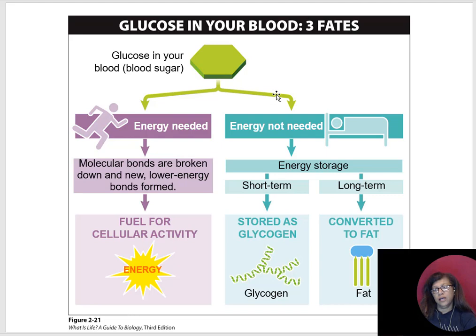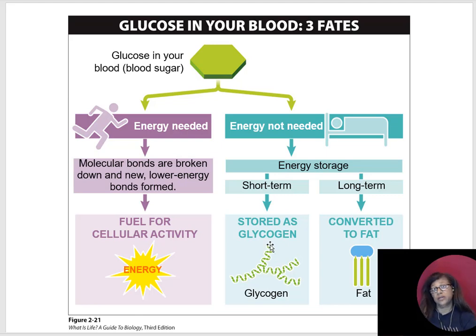But if you have a meal that's high in glucose and that energy is not needed, it has two potential fates. So first, it can be stored as short-term energy storage as glycogen. Okay? So it can be stored as this molecule called glycogen.